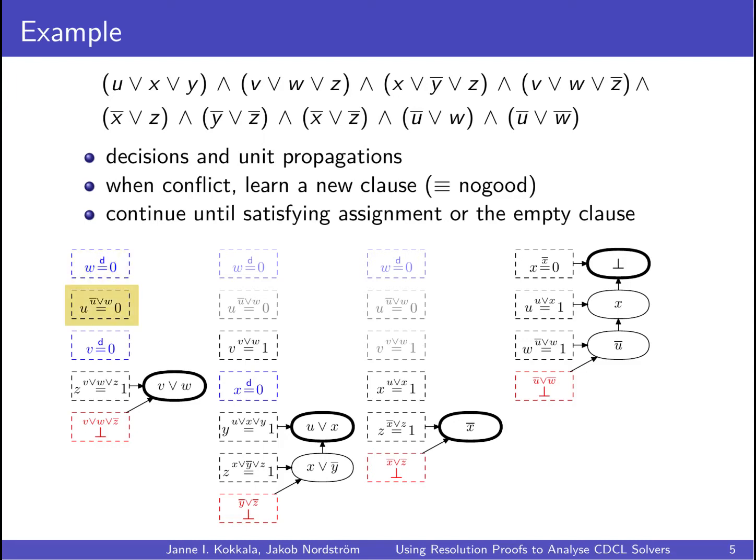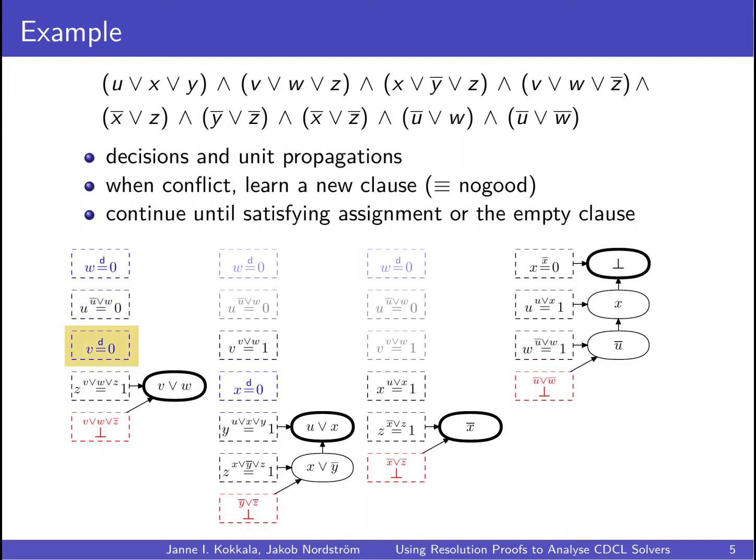Then, if any clause with the current assignment implies a value for one literal, then that assignment is added. This is called unit propagation. So in this case, the clause not U or W and the assignment W is false imply that U has to be 0. So U propagates to 0.